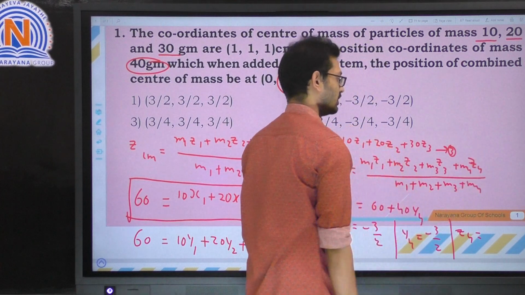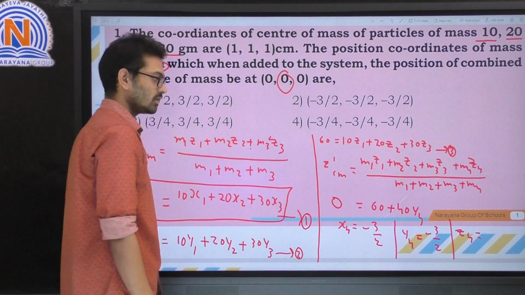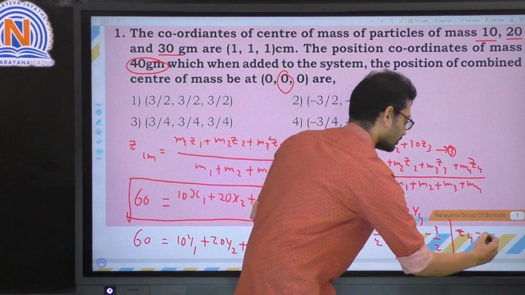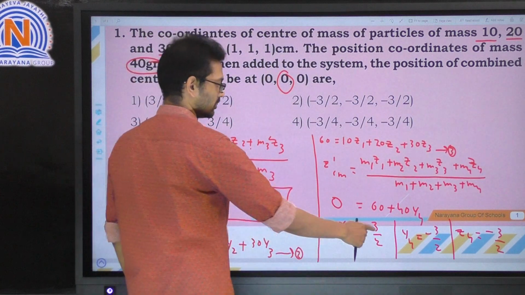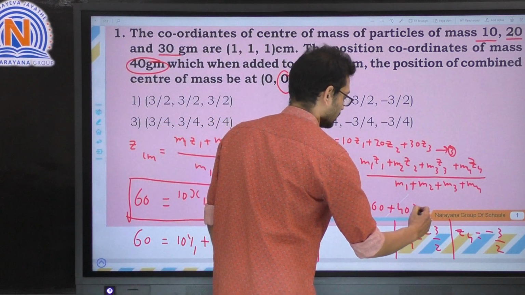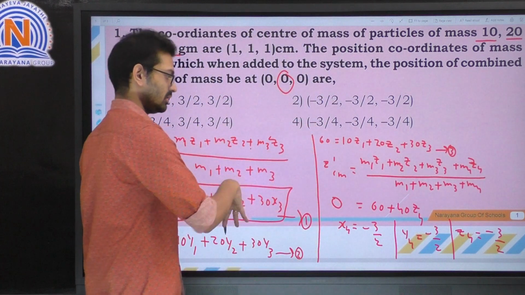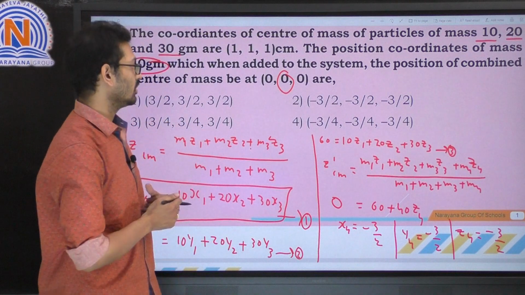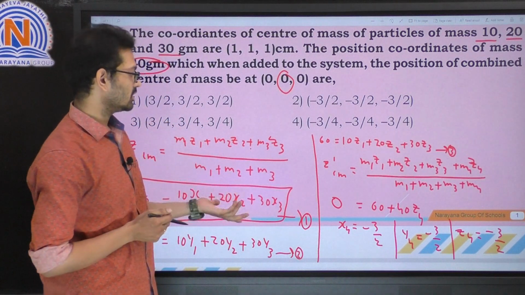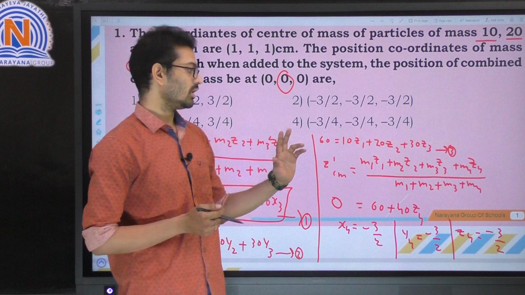Right? So now if you are substituting those values, again you are going to get minus 3 by 2. Same, because here you will simply be writing Z4. Nothing else is going to change. So minus 60 and again 60 by 40 is going to be minus 3 by 2. So now the answers are minus 3 by 2, minus 3 by 2 and minus 3 by 2.